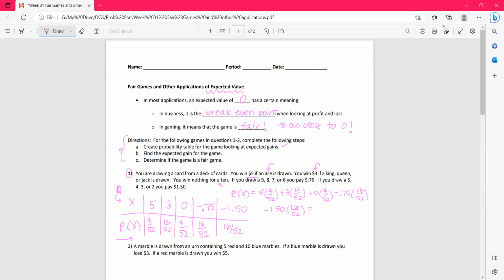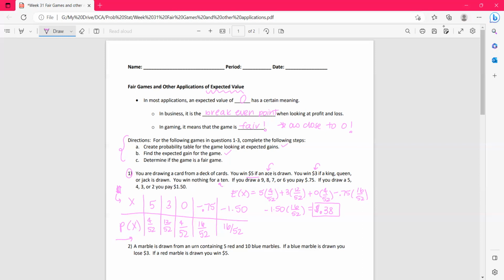Okay, so if we do that, we get 0.38 cents. And that is our answer for part B. That's the expected gain. So on average, it's expected that you're going to win 38 cents.